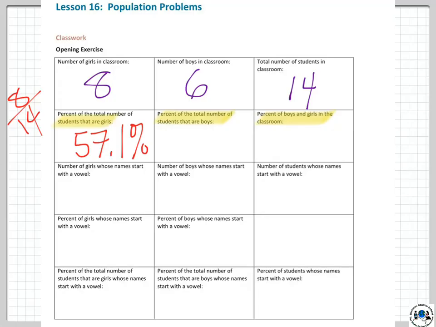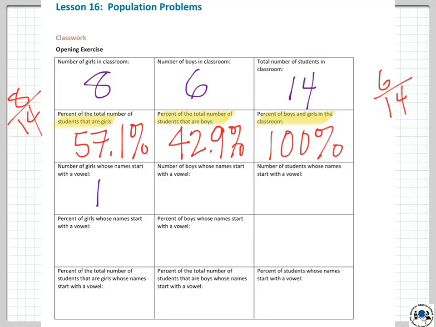So 57.1% of the students in our class are girls. And we'll figure that out for the boys. Boys is going to be 42.9%. And again, I'm rounding, and I got that by dividing 6 by 14. And of course, the percent of boys and girls in the classroom is going to be 100%, because that is everyone in our class, or all you guys, not including me, of course.